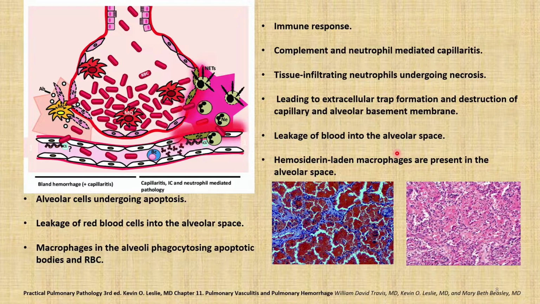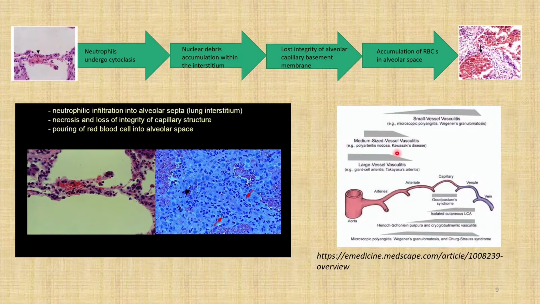On your right-hand side, it's bland pulmonary hemorrhage, where the alveolar cells undergo apoptosis and leakage of red blood cells. On the other side, it's immune-mediated capillaritis leading to neutrophil necrosis, and the extracellular traps will damage the alveolar membrane and ultimately leak into the alveolar space.